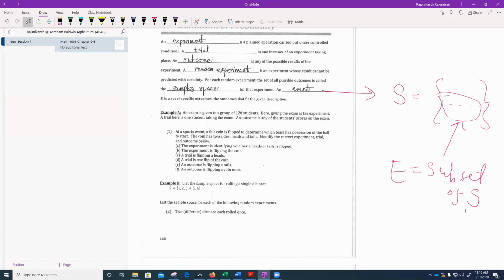Okay, so now look at the first problem, and you are going to tell me which one correctly suits the experiment definition, and the trial and outcome. Okay, look at the first two, A and B. Which one is correctly expressed like an experiment? A or B?